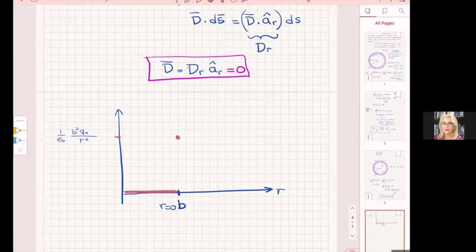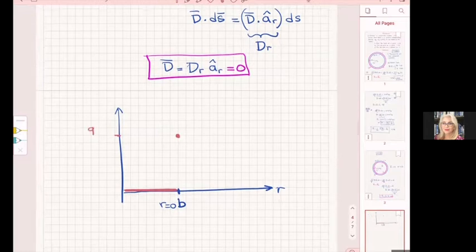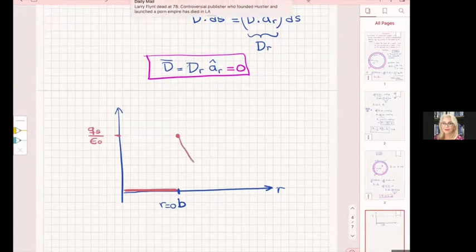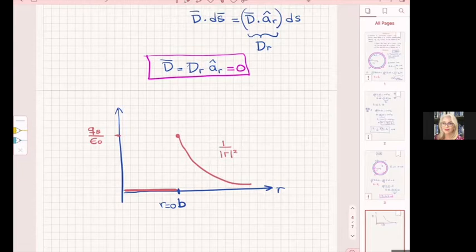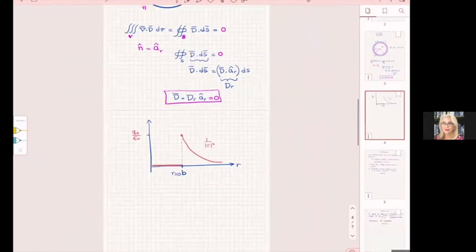So let me erase this part. Okay, let me write it here again. It's gonna be Q sub S over epsilon naught. And then from there, it's gonna go down as 1 over R squared. And that's what you get. Any questions for this problem?